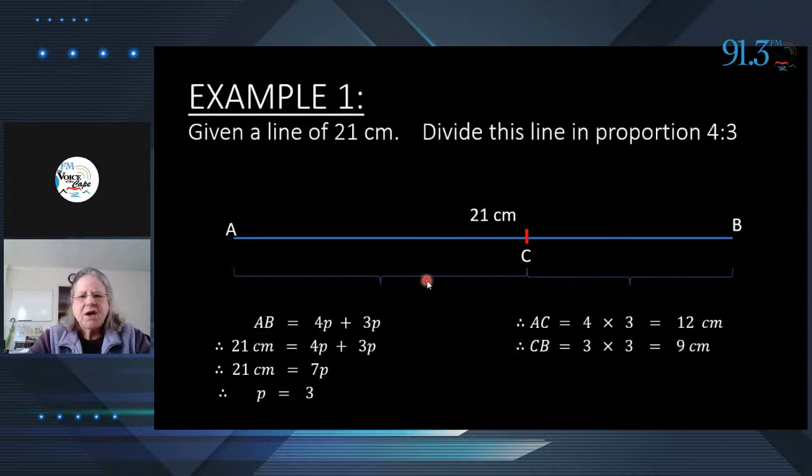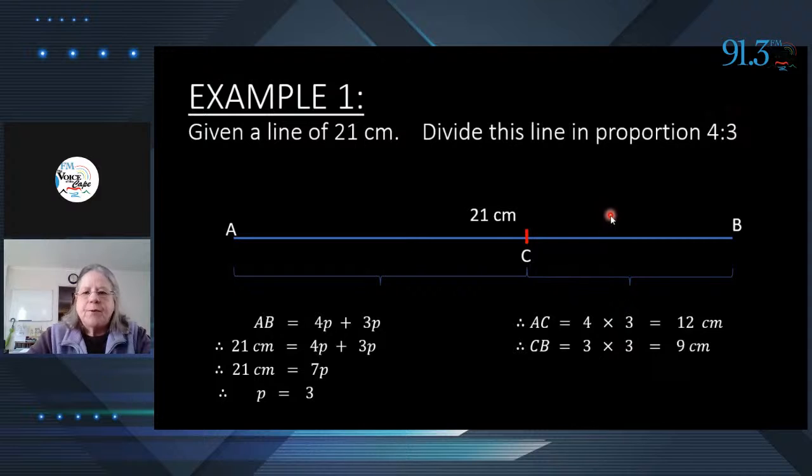So let's take a wild guess. This could be 10 centimeters and that 11 centimeters. Just a guess. And I'm doing the guess just to show you guys that our answer needs to be in centimeters, but we're going to use this ratio or proportion to actually do the calculation.